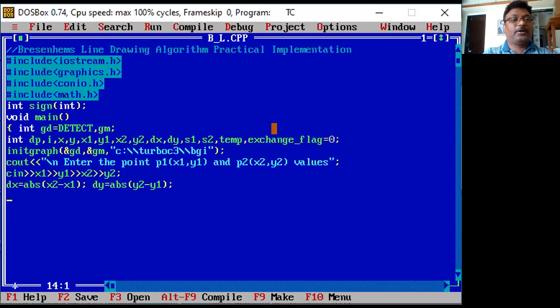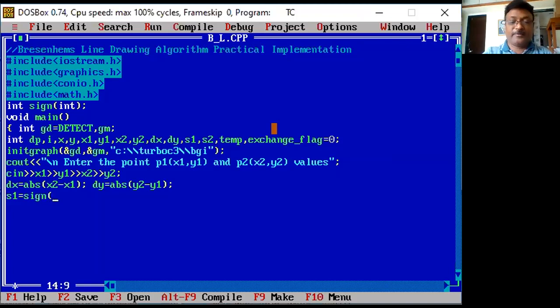Now I have understood these four steps. Just initializing, reading the points and calculating dx dy. Here again after calculating dx dy, s1 value I have passed to a function. So what is the function?